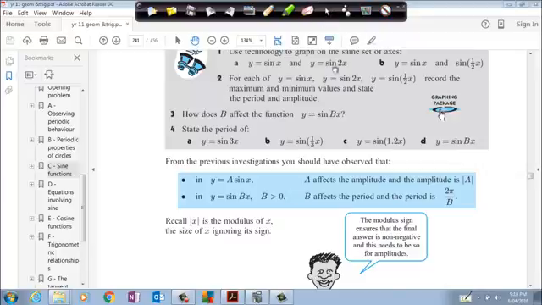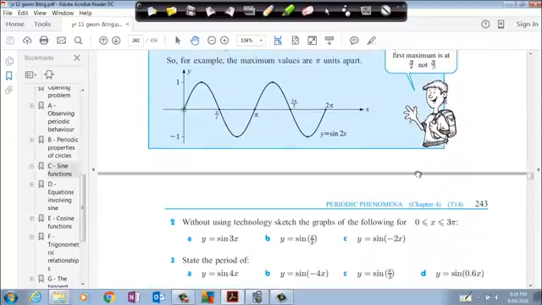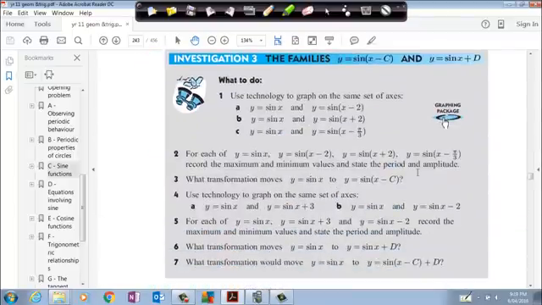Now we're going to look at investigation 3. And that's looking at x take C, and x, we could say, take D. It's when C is inside the bracket or when it's outside the bracket. So I'll just use 2 as an example. I'll do x take 2 when it's inside the bracket and x take 2 when it's outside the bracket.